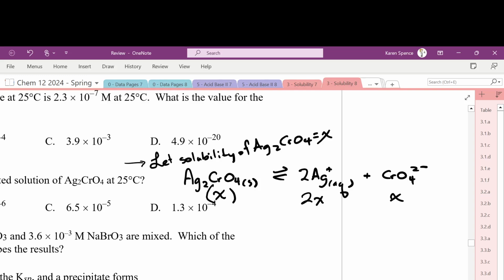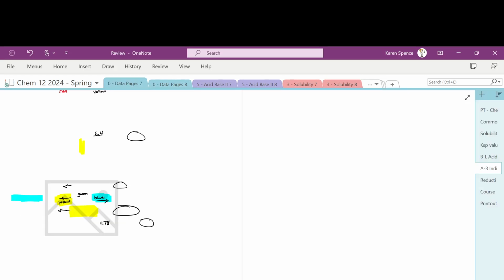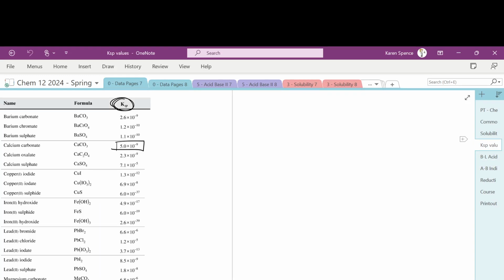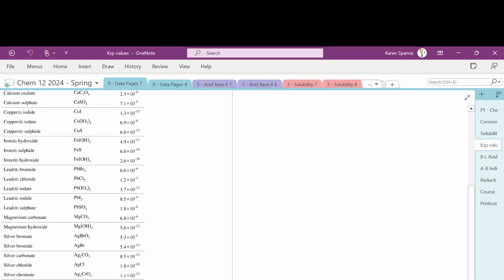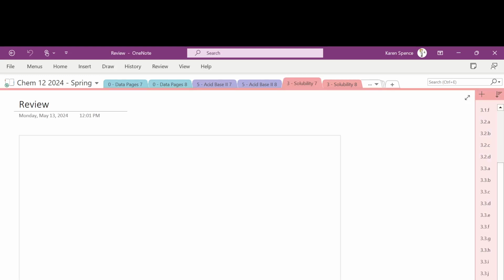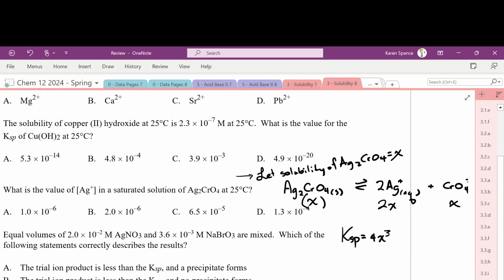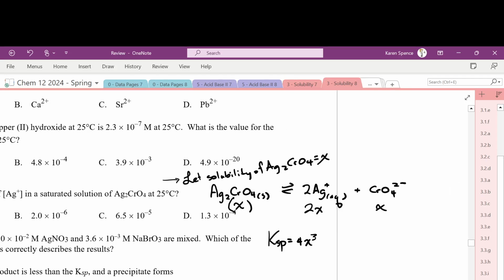And you can also just say Ksp is equal to 4x cubed, right? And our Ksp, we can look that up in our table. Let's go look and see what we've got. Silver chromate, 1.1 times 10 to the negative 12. So we have 1.1 times 10 to the negative 12 is equal to 4x cubed.